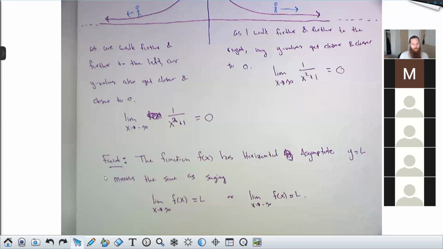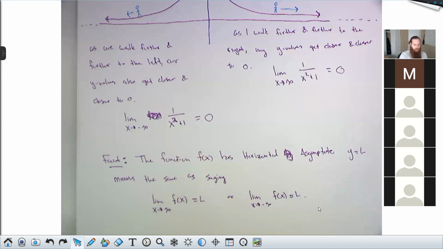It could approach one horizontal asymptote as x goes to plus infinity, and some other horizontal asymptote as x goes to negative infinity. But limits at infinity are the same thing as horizontal asymptotes.